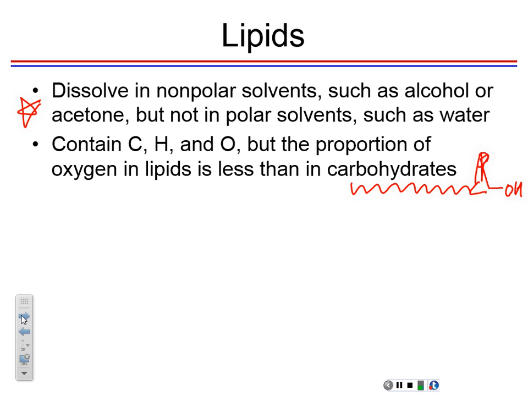That's a carboxyl group. COOH is a carboxyl group. So it's got a long chain. A fatty acid is a fatty acid, and the acid part of it comes from here.